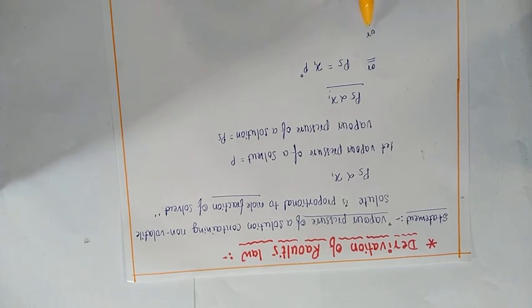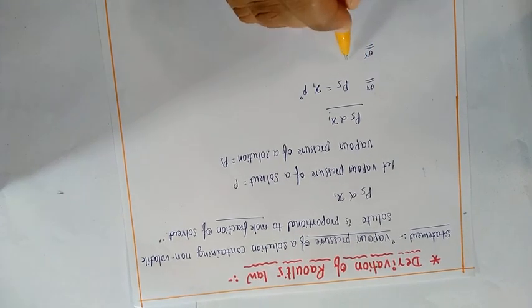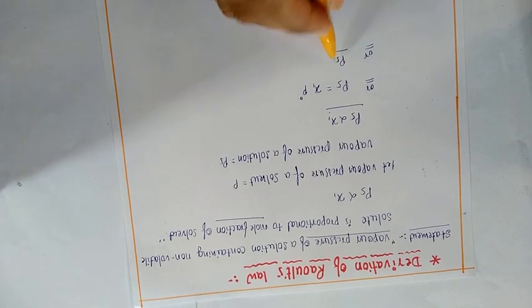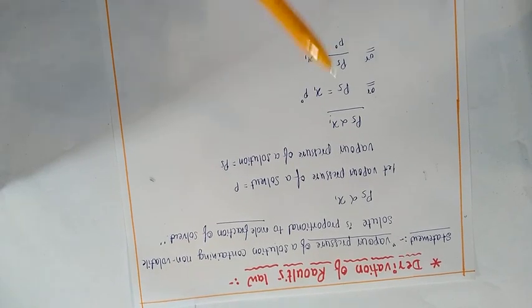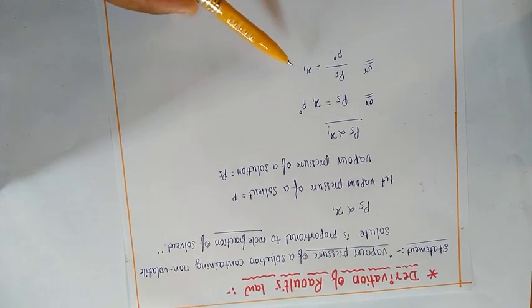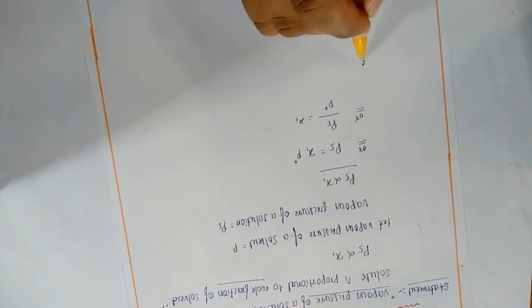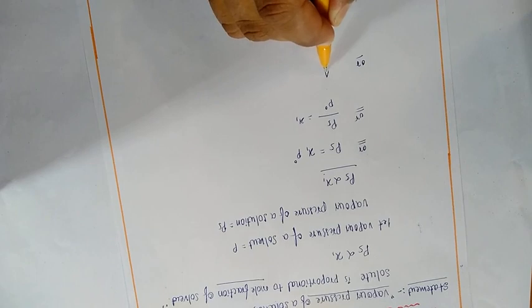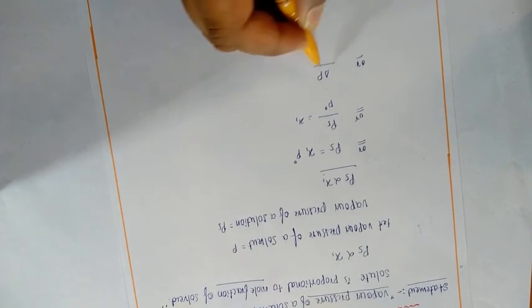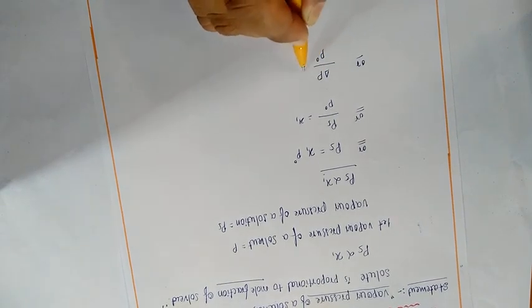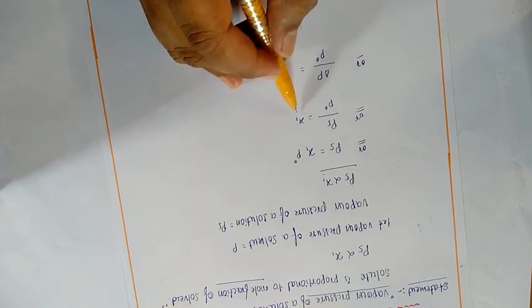One more form: PS divided by P naught is equal to x1. Or directly you can write delta P divided by P naught is equal to mole fraction x1.